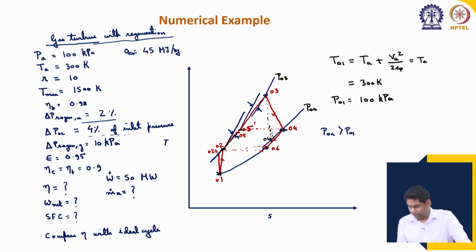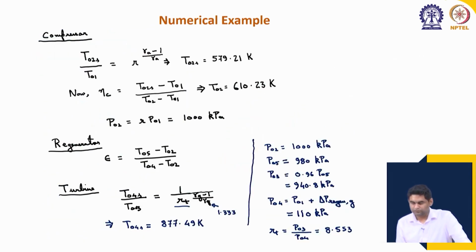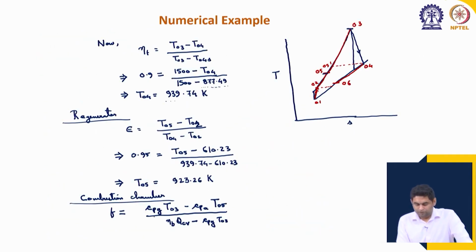Okay. So, CPG is 1.148 kilojoule per kg Kelvin, CPA is 1.005, T03 is 1500 Kelvin, T05 we have calculated just now, 923.26 Kelvin, and combustion efficiency and calorific value are given.